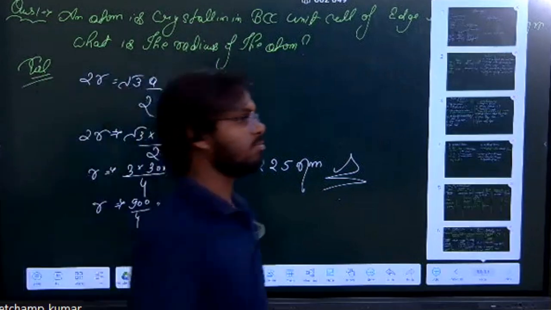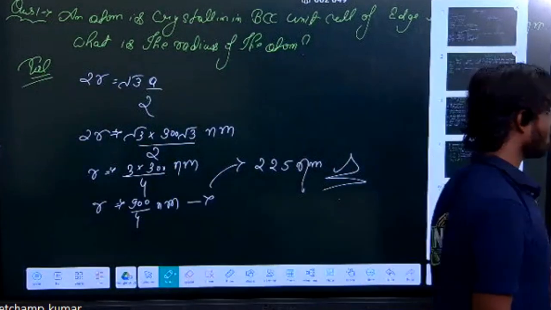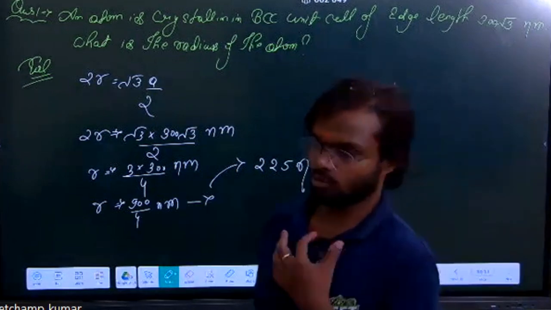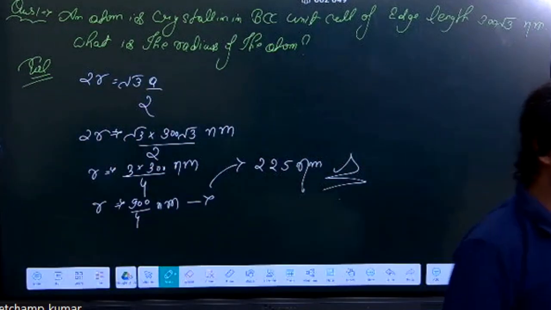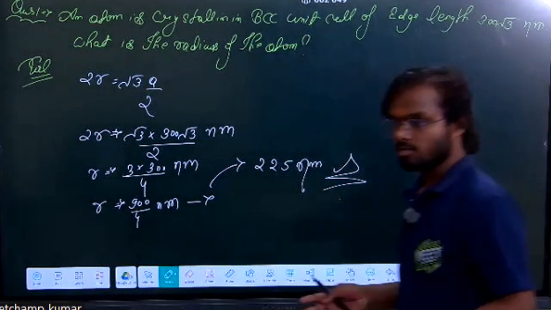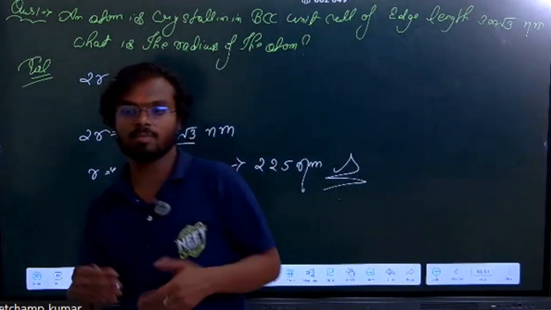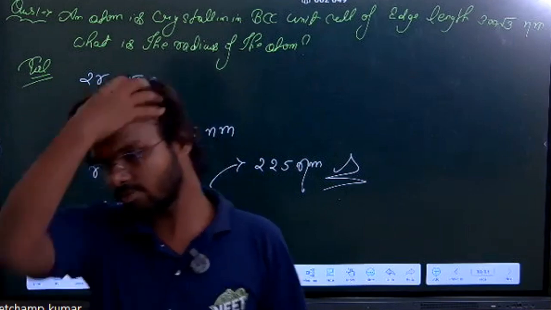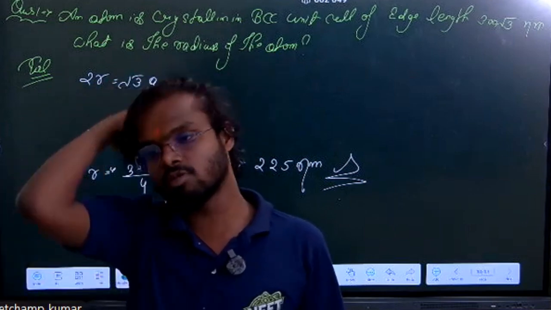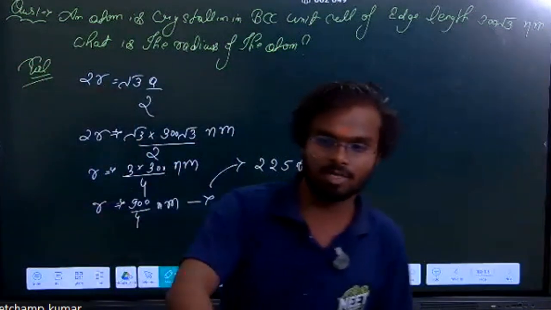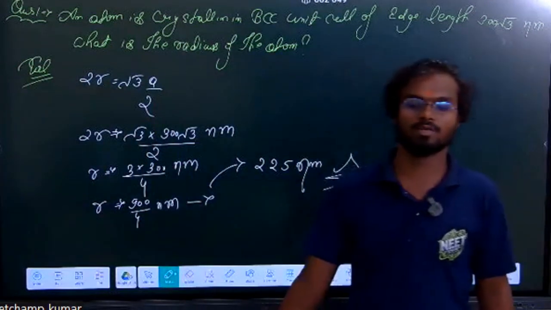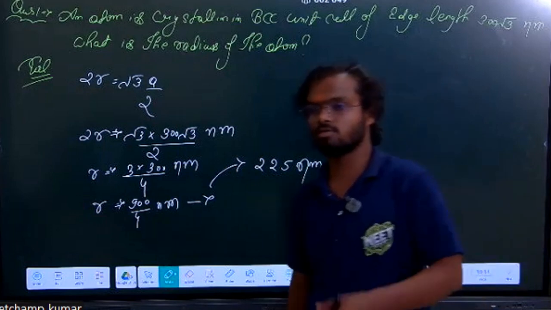In physics, the problem is there is a concept, not a question. Concept will be from my notes only. Questions, they can frame anything, but if you follow the concepts, then it is easy to solve all types of questions. But in chemistry, I am giving you everything from my notes. Even the questions will be from my notes. They cannot ask questions beyond my notes.